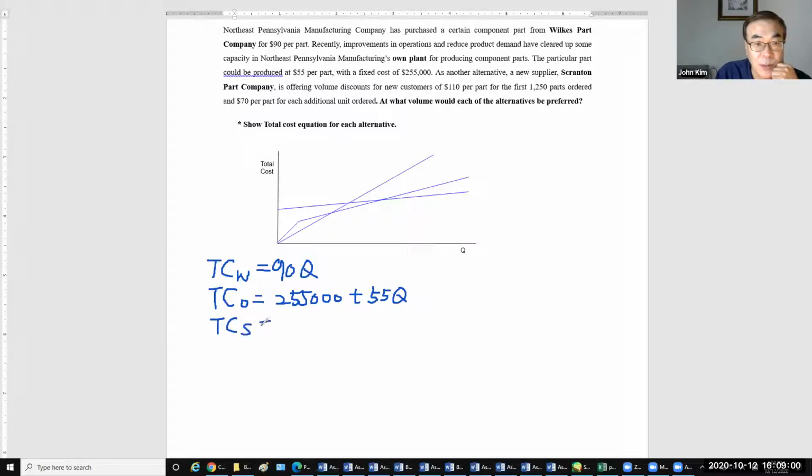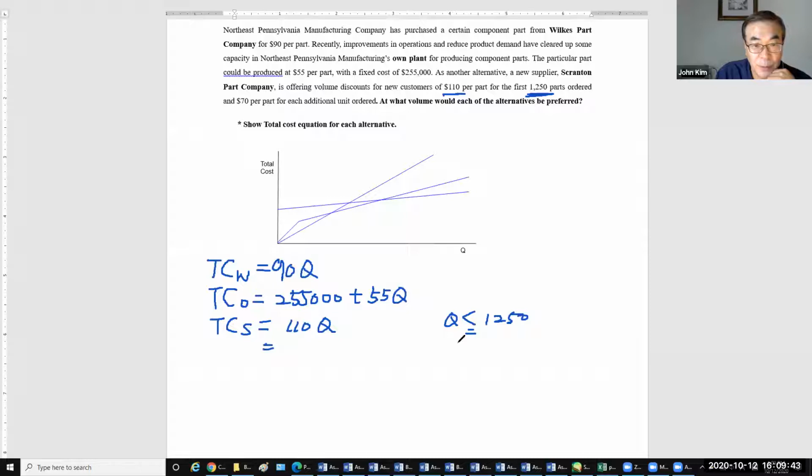And next one is TC, Scranton, buy part from Scranton part company. So offering volume discount for new customer, $110 up to 1,250 parts. So if buy Q is less than or equal to 1,250, then it will be 110Q.